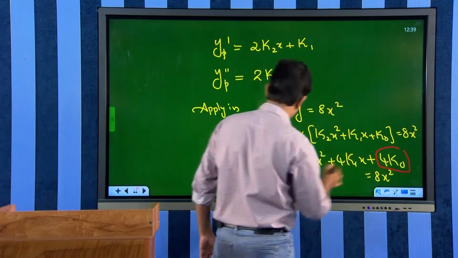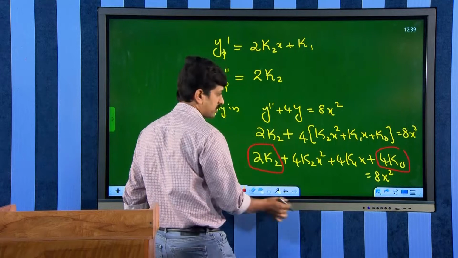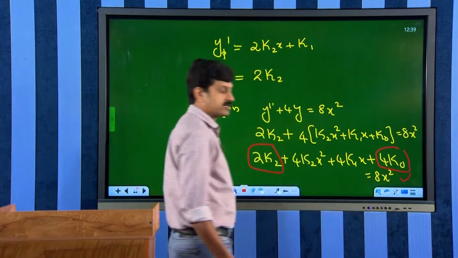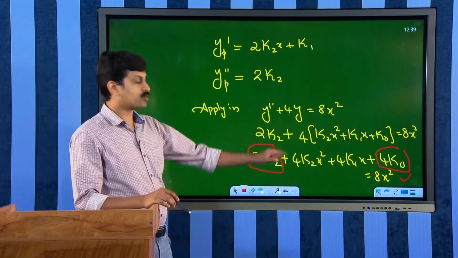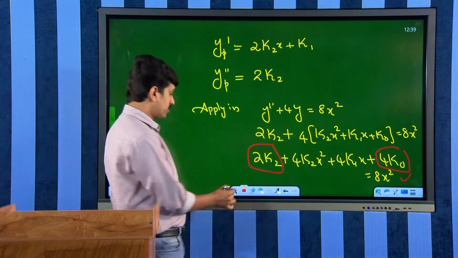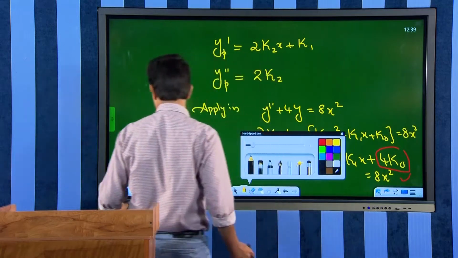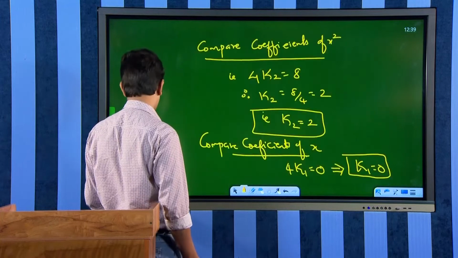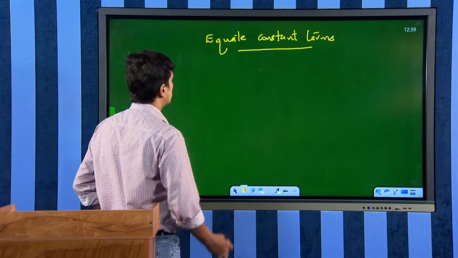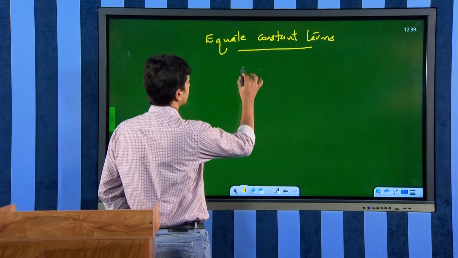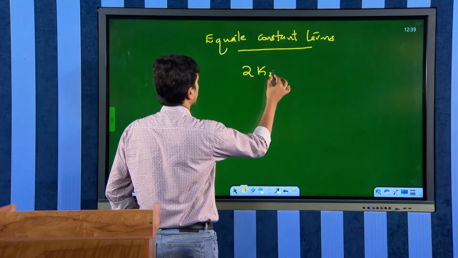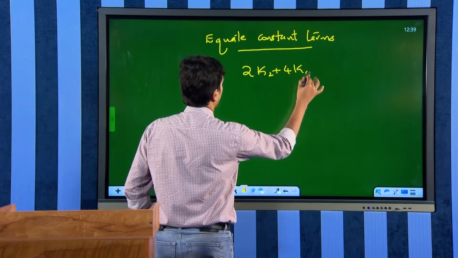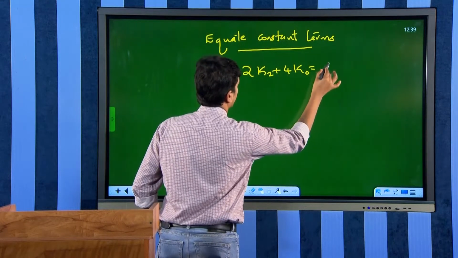On the right side there is no constant. Therefore, 2k2 plus 4k naught is equal to 0.